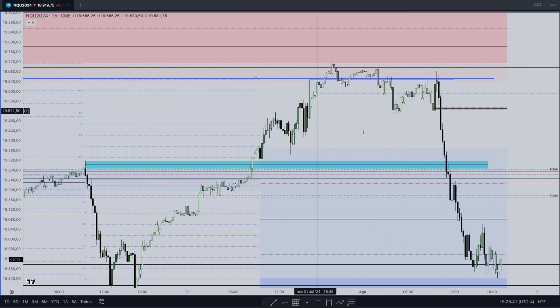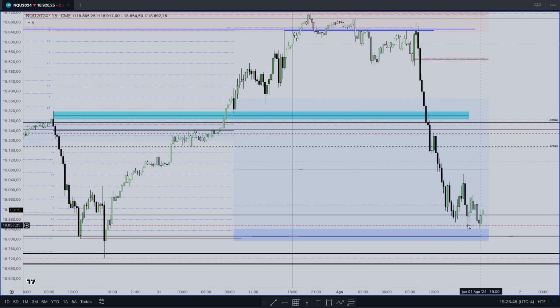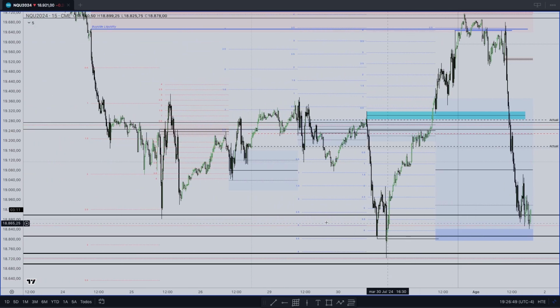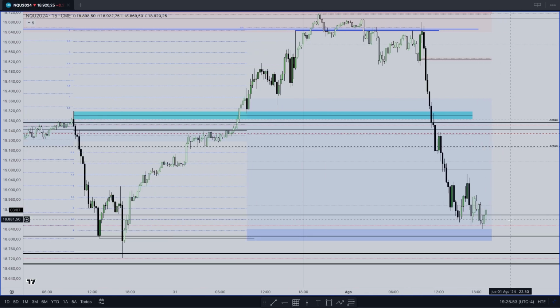Okay, and look, where do we close? Inside again of this new month opening, and in the lower quadrant of the regular trading hours gap today.